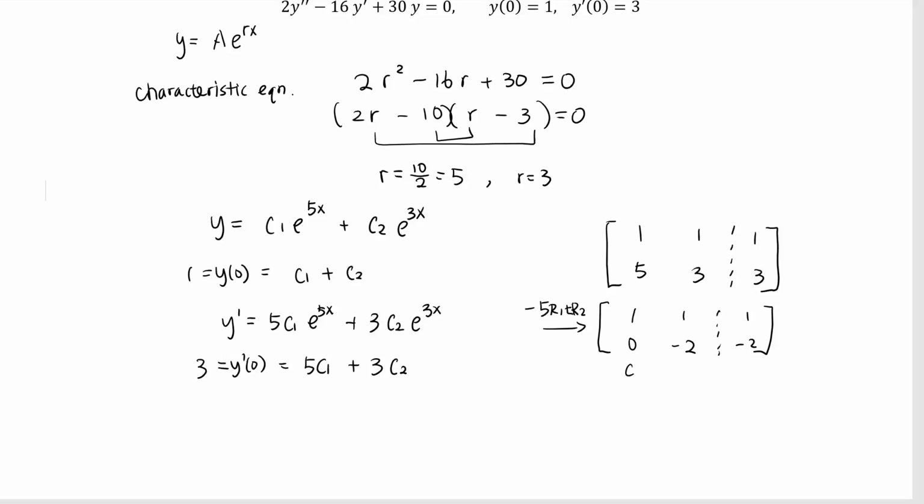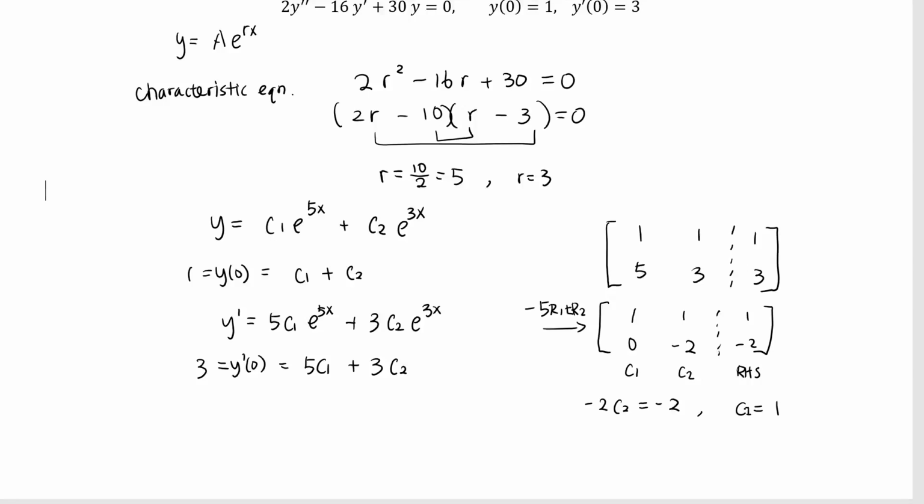This is the coefficient of C1, this is the coefficient of C2, and that is the right-hand side. What does the last row tell us? It tells us negative 2 C2 is negative 2, so what is C2? Yes, 1.